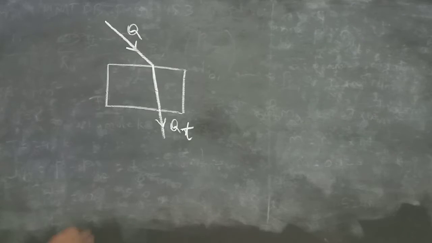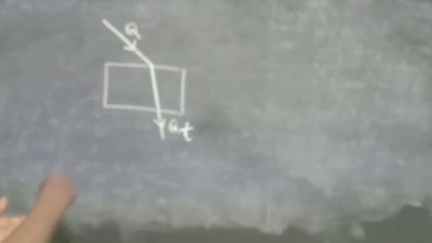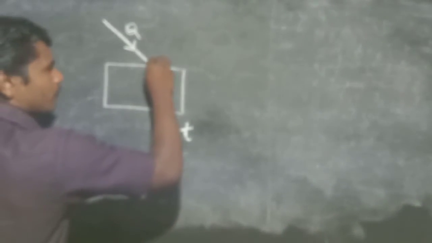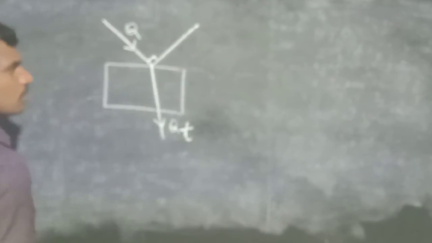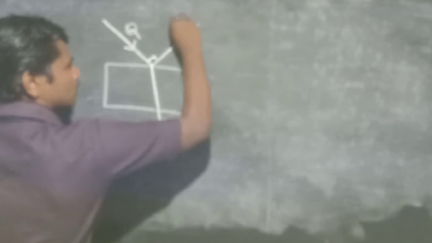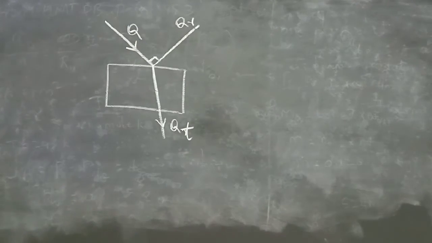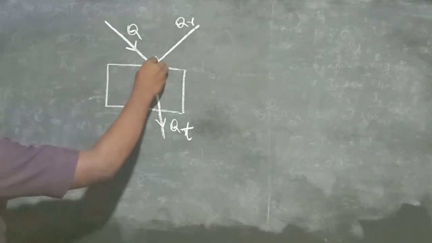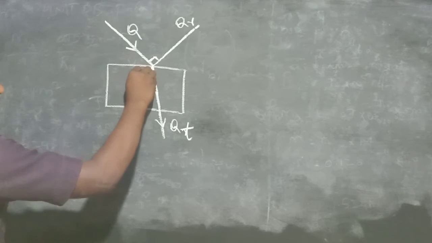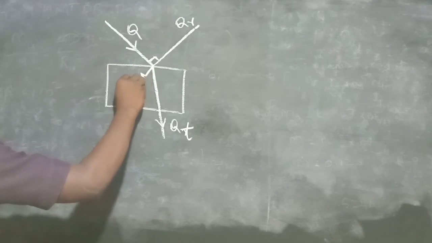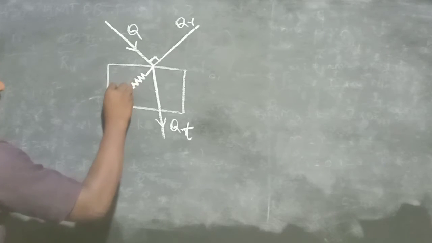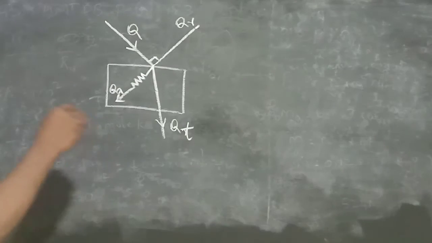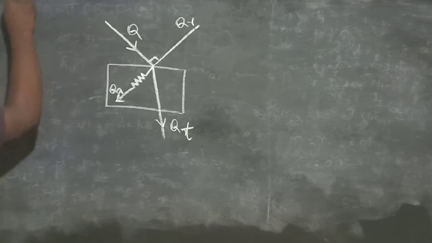Then some amount of energy will be reflected, QR. Then some amount of energy is absorbed by the body. This kind of thing happens in radiation.